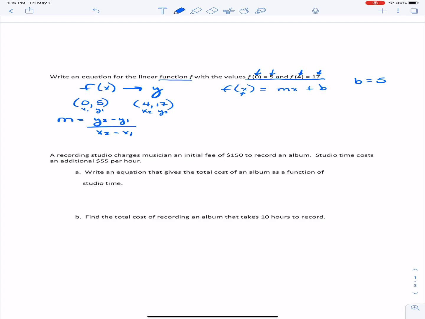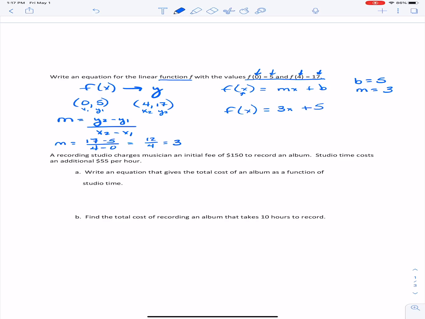So I'm going to go ahead and go m equals 17 minus 5 over 4 minus 0, which is going to give me 12 over 4, which is equivalent to 3. So we know that our m is equal to 3. So we are now ready to write our function. f(x) is equal to 3x plus 5.